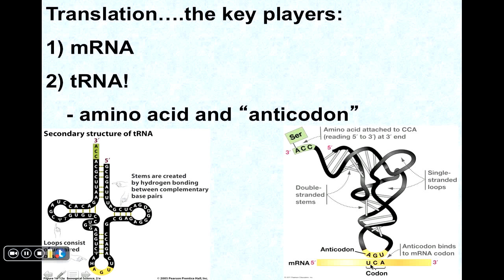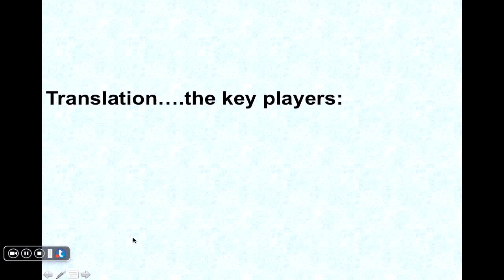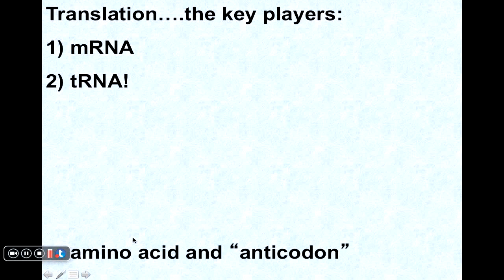These 3 bases represent an anticodon. Anticodons are complementary to the codons found in messenger RNA. So in essence, what these tRNAs do is they bring specific amino acids into the system that are then linked together to produce fully mature proteins.